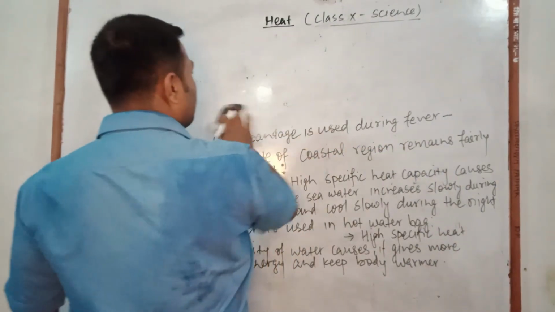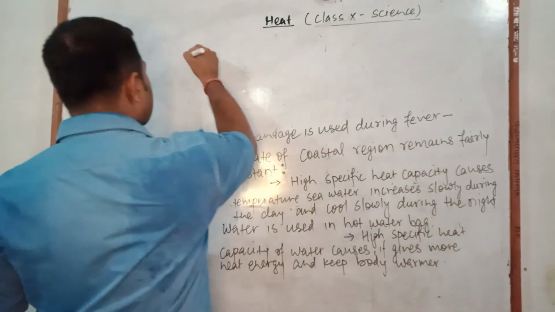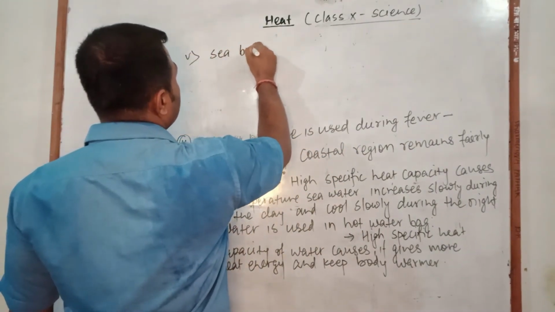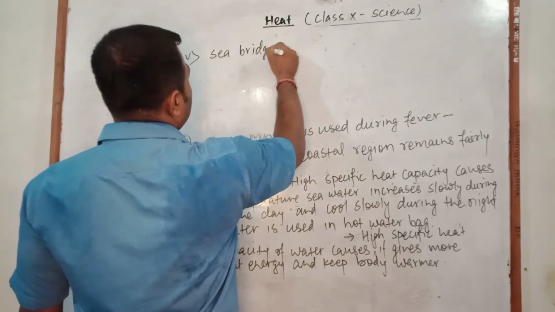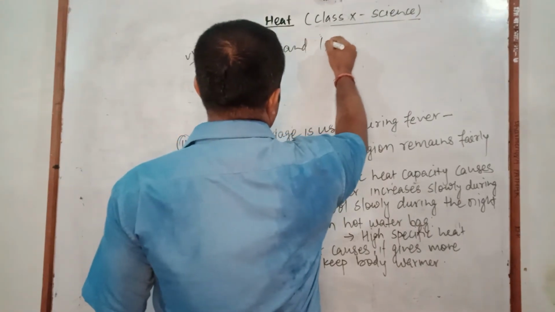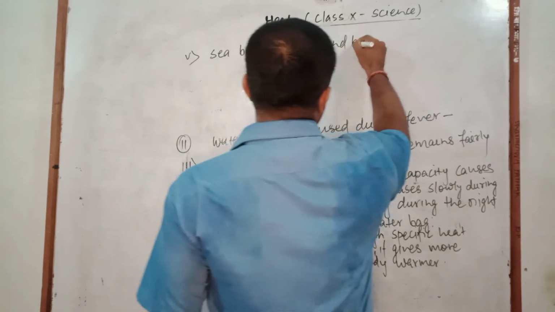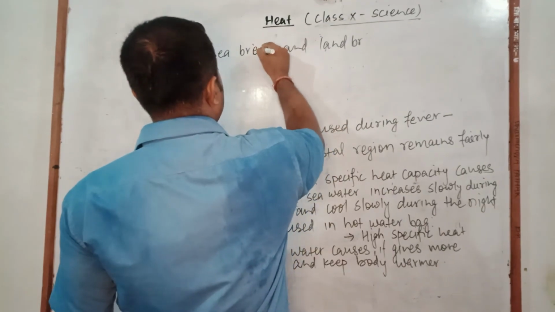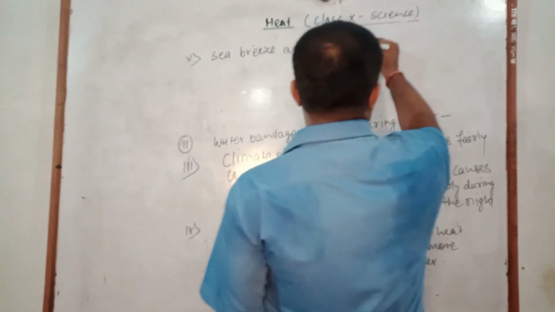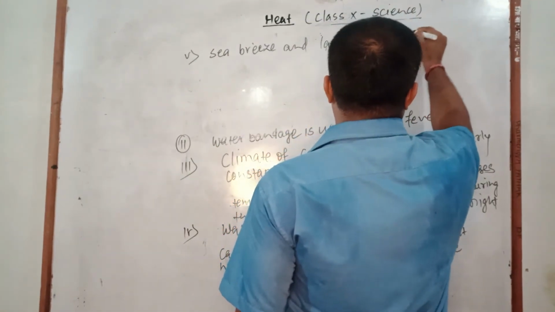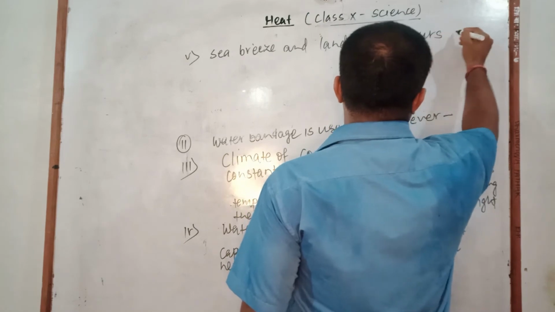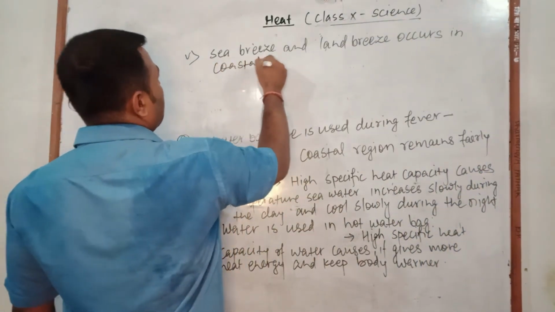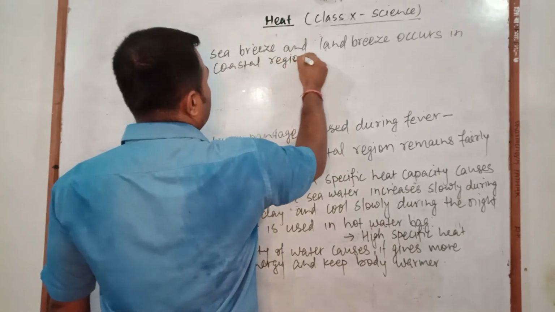Another effect we find in the environment is sea breeze and land breeze. They occur in coastal regions or at the seaside.